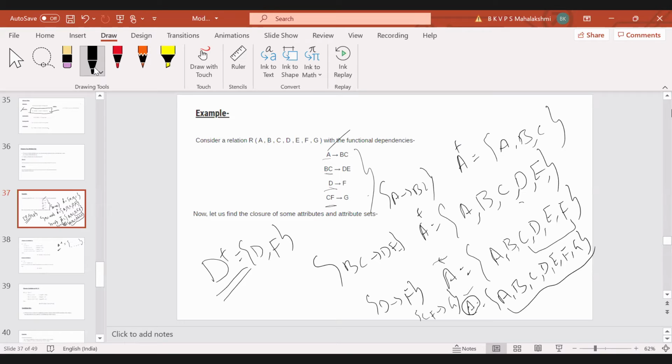We know the left-side attributes will derive something, so there may be a chance of getting the prime attributes from the left-side attributes of the functional dependencies. I'm not bothering about the closures of the right-side attributes. In this way, I can say which attributes are prime and which are not.